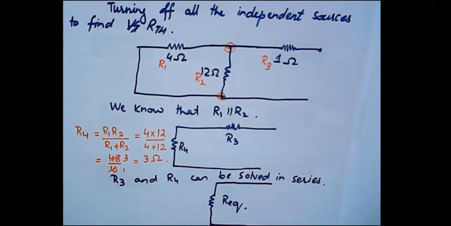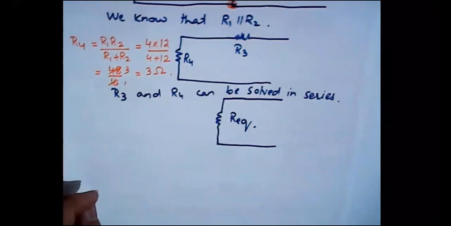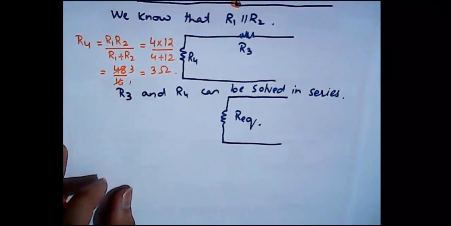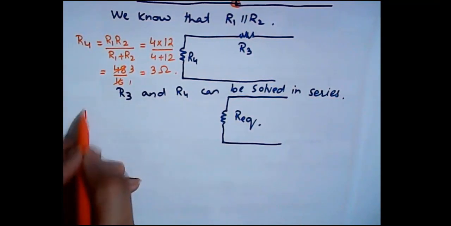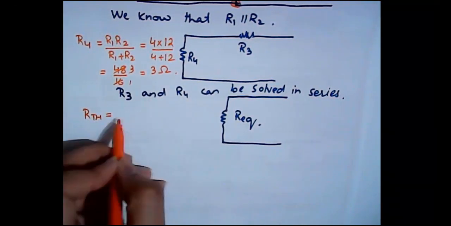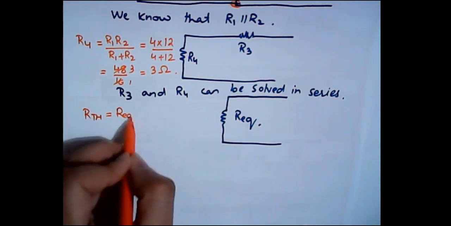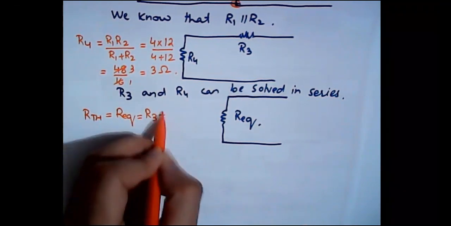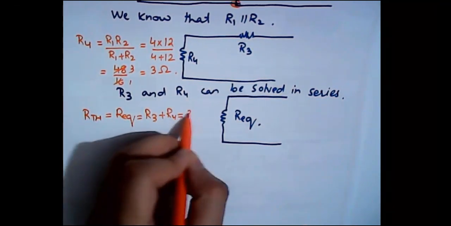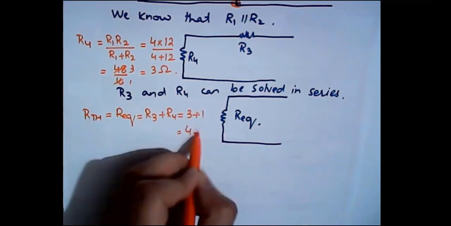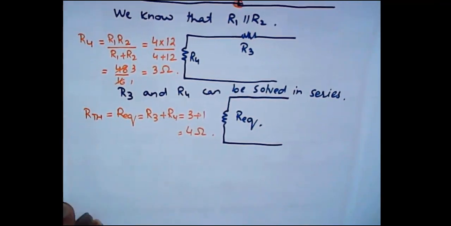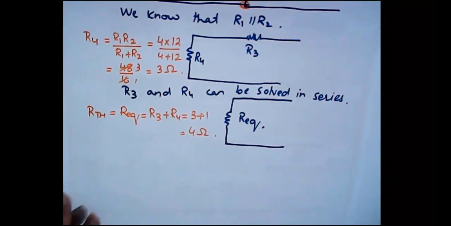So we can say that R Thevenin basically is equal to R equivalent is equal to R3 plus R4 is equal to 3 plus 1 is equal to 4 ohms. So I hope it's clear now.